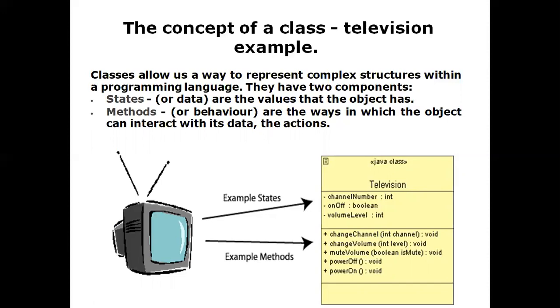For example, you can say that person is a class, and the data or attributes of a person are having two eyes, legs, what is the color, what is the height of a person. They are the attributes, or we can say state, data, or characteristics of class person.